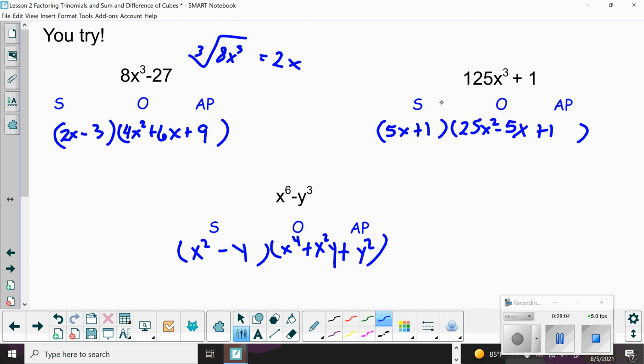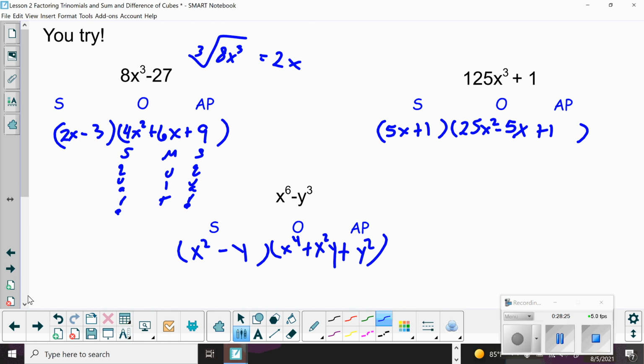The cube root of 125x cubed is 5x. Square, multiply, square.